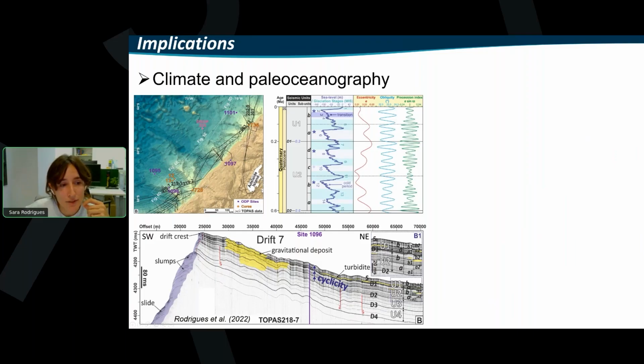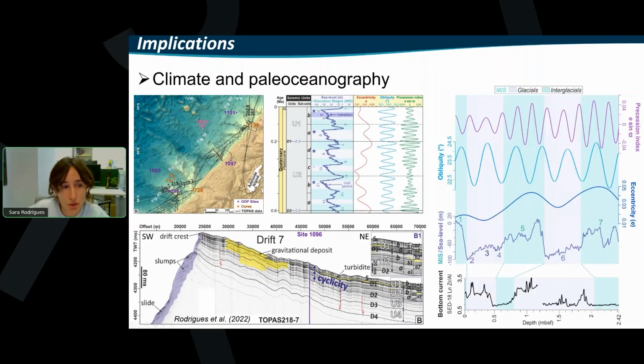And the currents then, the water mass that is associated to these currents, it becomes much denser, because when the sea ice is formed, you have the water mass below much denser being formed, and it descends. And so during the periods which are glacial periods, we will have more cyclic deposition at that time.